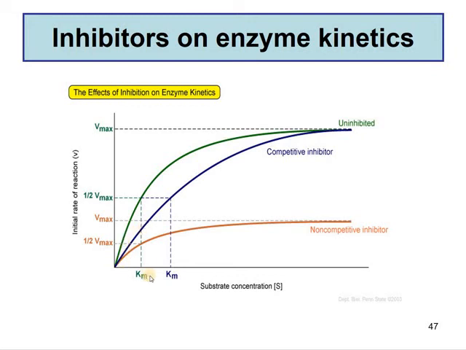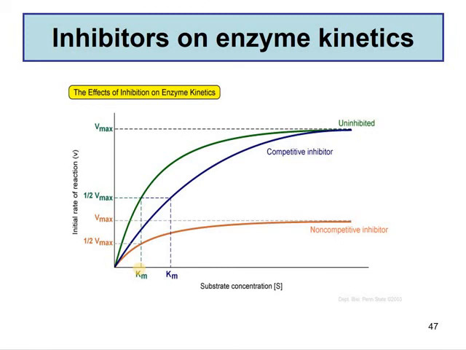So as you can see, look at the Km for the green graph. You can see that the Km is quite low compared to this Km. Remember I mentioned that low Km means there was a faster affinity or reaction or colliding. So the enzyme and the substrate collided much faster, and therefore it means high affinity.